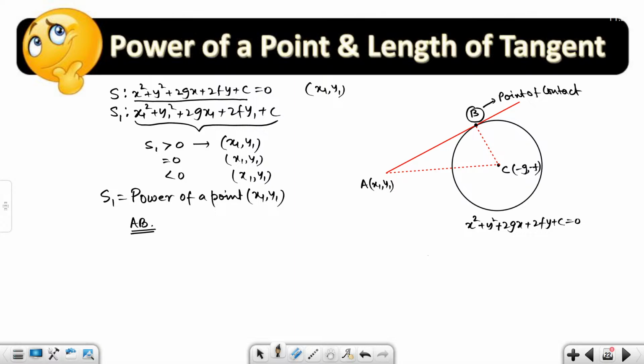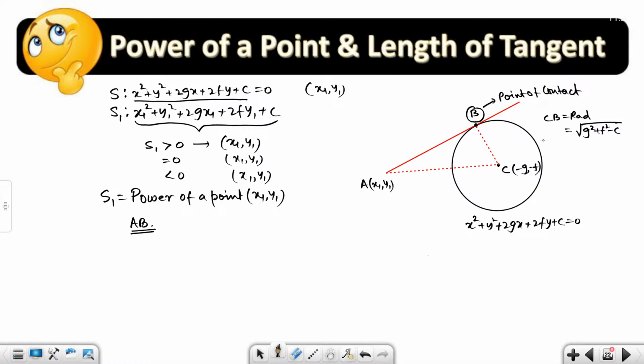What is the point of contact? The point where the tangent is intersecting the curve. So now CB is basically the radius, which is nothing but the root of g square plus f square minus c.